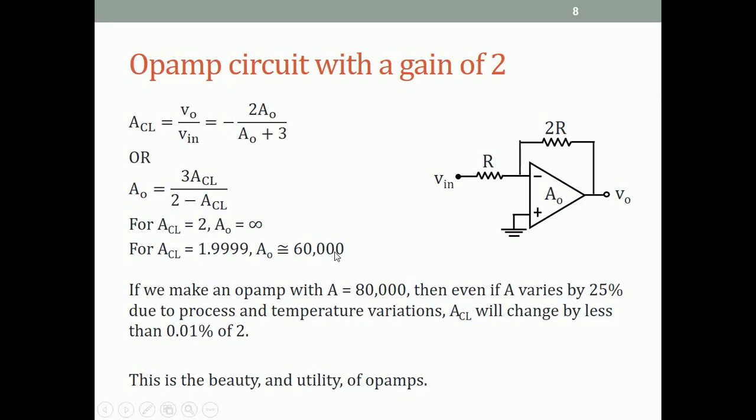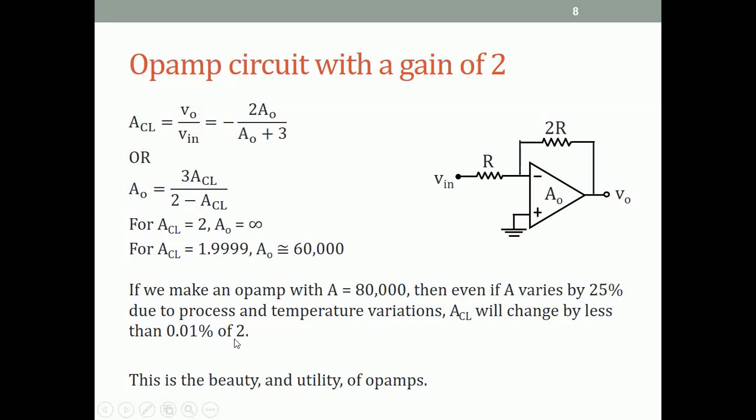Now if we make an op-amp with A0 equal to 80,000, then you can show easily by just doing some arithmetic that even if A varies by 25%, which means if A varies from 80,000 to 60,000 on one side and 100,000 on the other side, which is a 25% variation due to, let us say, process, temperature, whatever, ACL will change by less than 0.01% of 2.